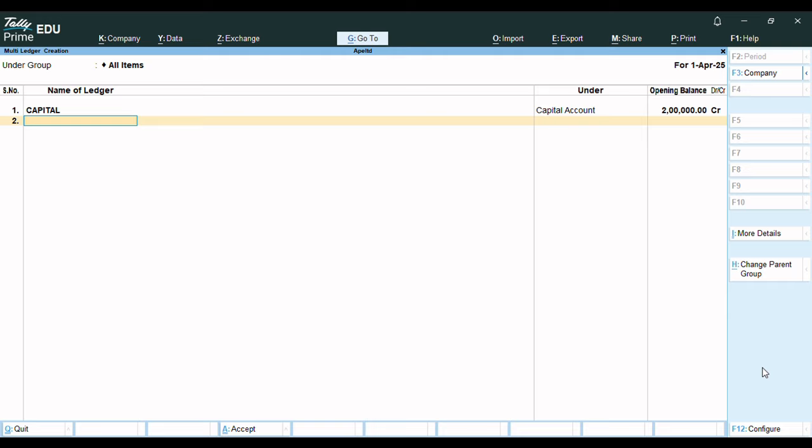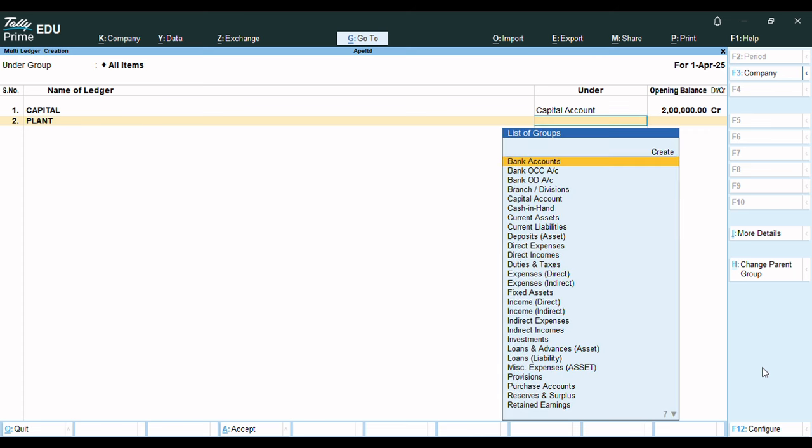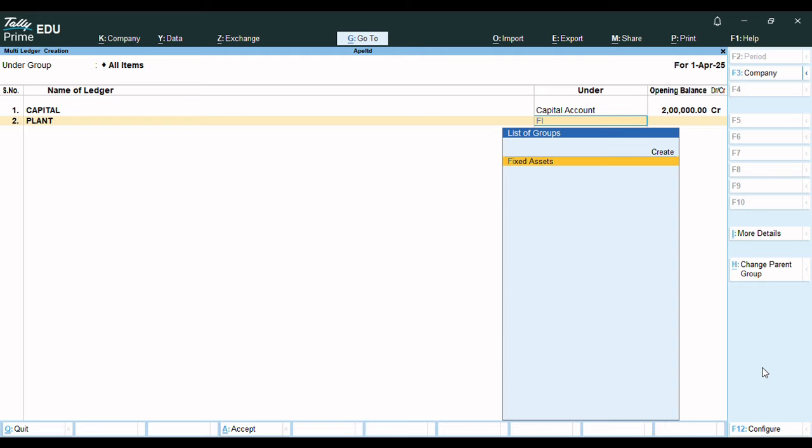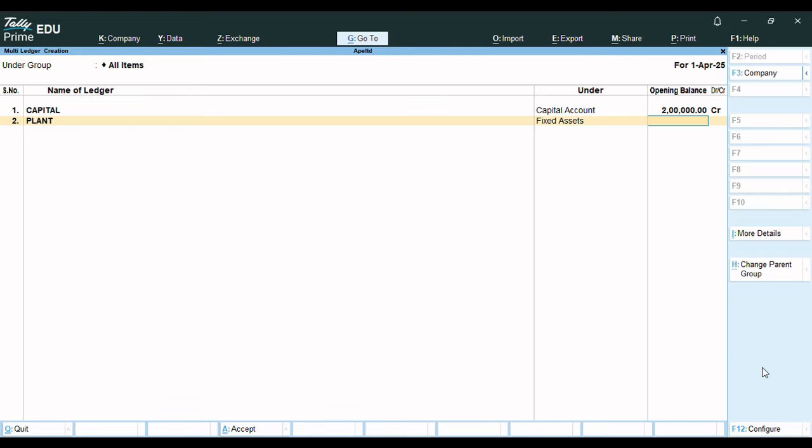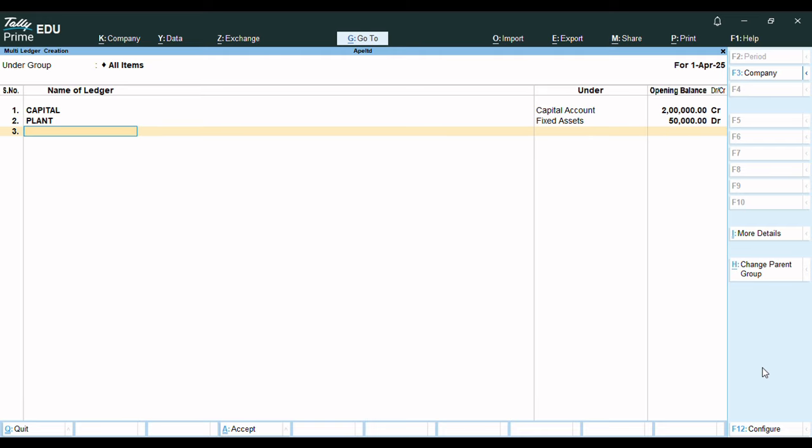Okay, so come to the asset side, that is your cash. Need to make? No. Then your plant. Plant is under fixed assets. Yes, plant under fixed assets. Amount is 50,000. Then next is SBI.